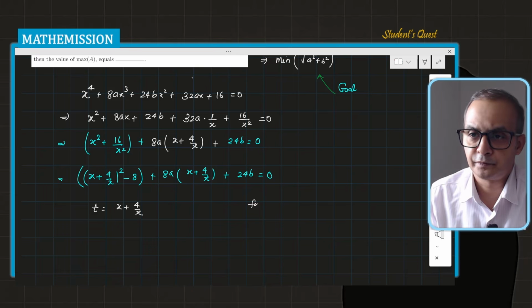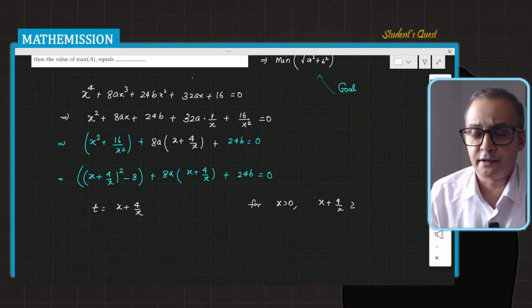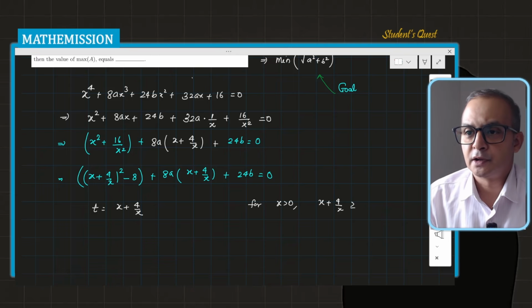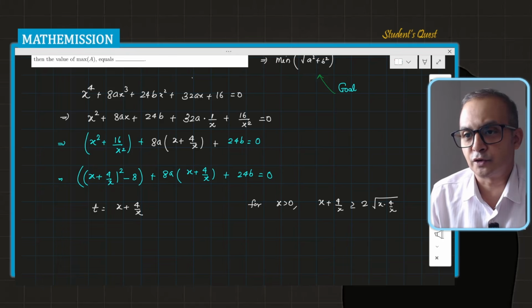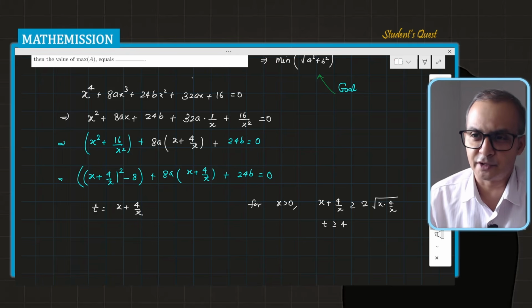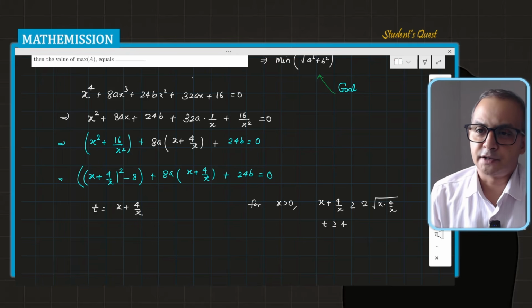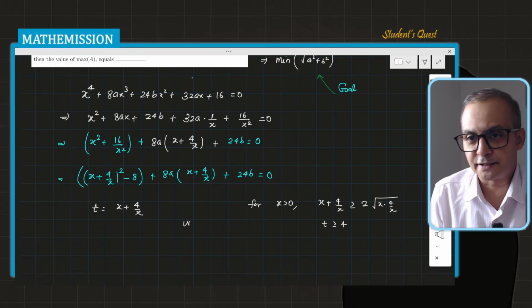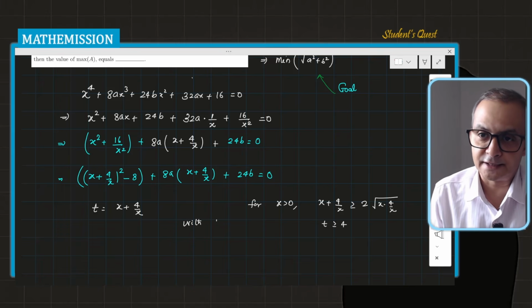For x positive, I can apply the AM greater than or equal to GM property: x plus 4 by x divided by 2 is at least the square root of x into 4 by x, so t is greater than or equal to 4 when x is greater than 0. When x is less than 0, t is less than or equal to minus 4. Collectively, mod t is greater than or equal to 4.